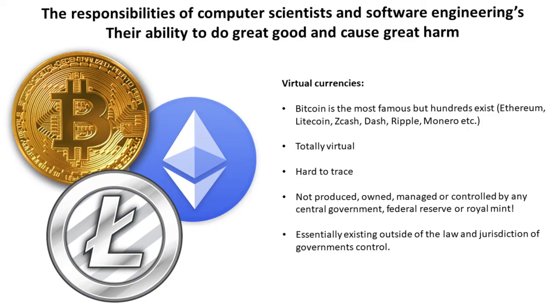The currency is totally virtual. It's hard to trace. It's not produced, owned, managed or controlled by any central government, Federal Reserve or Royal Mint. It essentially exists outside the law and jurisdiction of government control. And as such, of course, it's one of the preferred currencies for use on the sites we just saw.